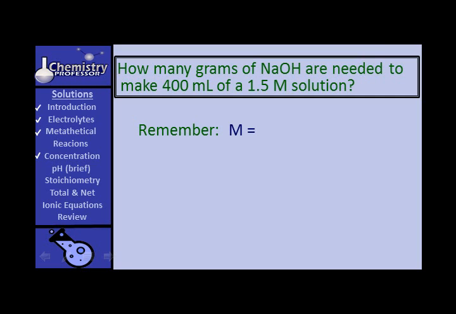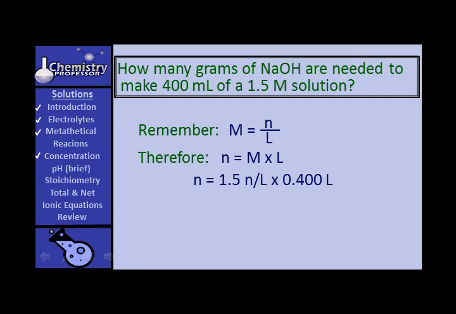Now remember, molarity is moles of solute per liter of solution. Therefore, when we do a little algebra, we find that moles is molarity times liters. Moles is 1.5 moles per liter times 0.400 liters.